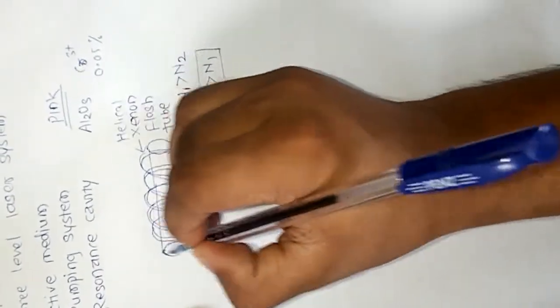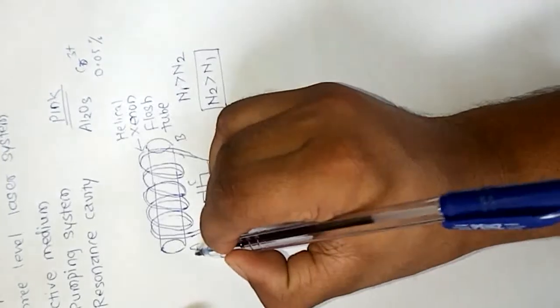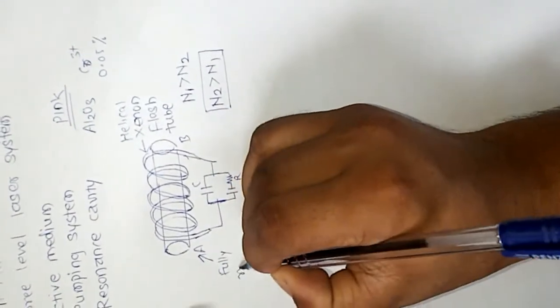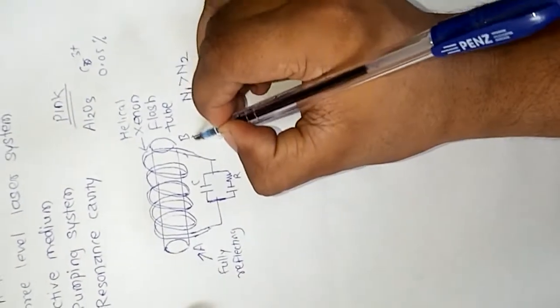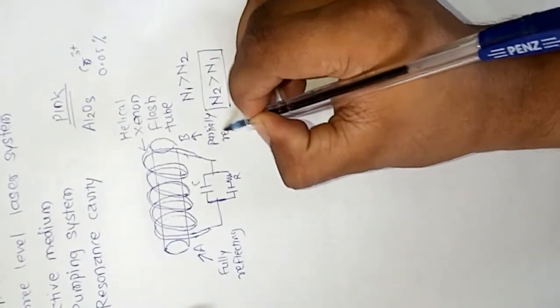Suppose this end is named A and this is B. We polish these two ends and silver both ends A and B, such that end A is fully reflecting and end B is partially reflecting.